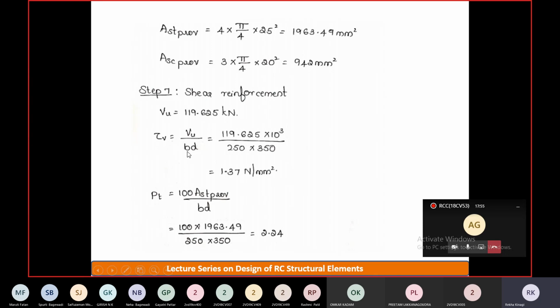Again, this is from the codal provision. We can just refer to clause number 40. You will be getting the equation here. Page number 72, clause number 40 gives you the equation for shear reinforcement.